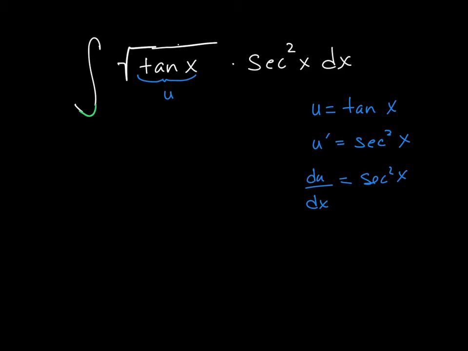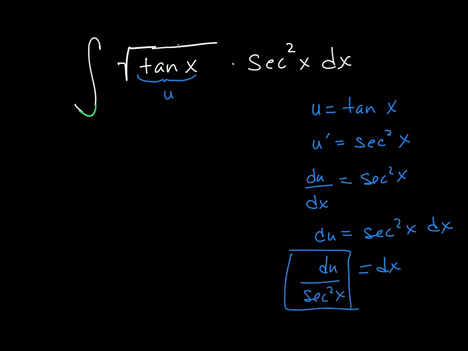So that just tells me that du is equal to the secant squared of x dx, or dx is equal to du over the secant squared of x. And then I can just take all of this and replace all of this with du.